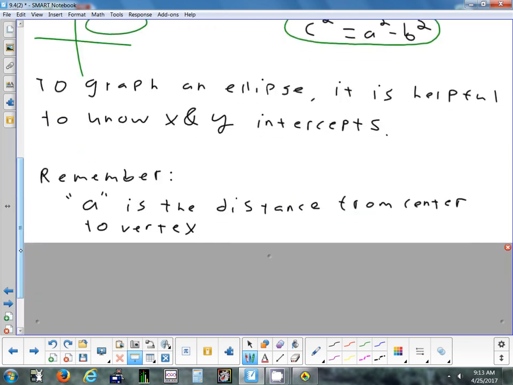All right. So now I think probably the most important thing is what are A, B, and C? How do you know what they are? A is the distance from the center to the vertex.